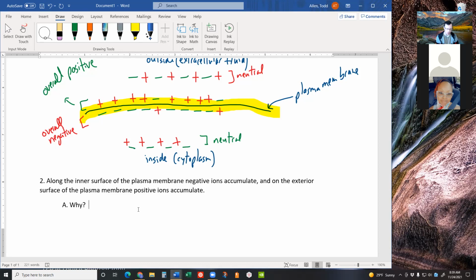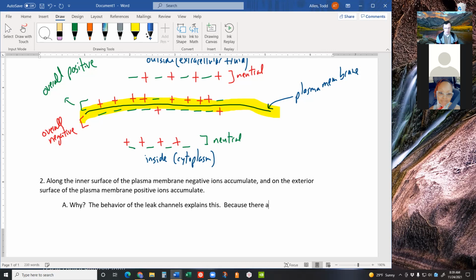Okay, so that's a lot of words here. Let's try to be succinct. So why does the membrane have the charge it has? Okay, the behavior of the leak channels explains this.